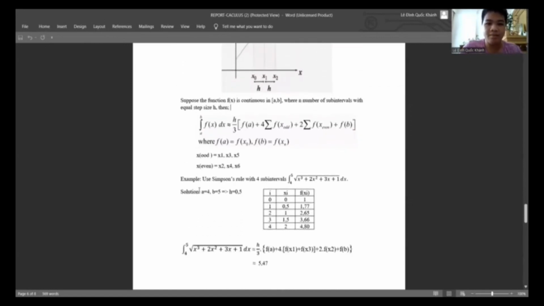We will come to an example to understand more. We will use Simpson's rule with 4 subintervals to solve the integral from 4 to 5 of the square root of x cubed plus 2 times x squared plus 3 times x plus 1 dx.